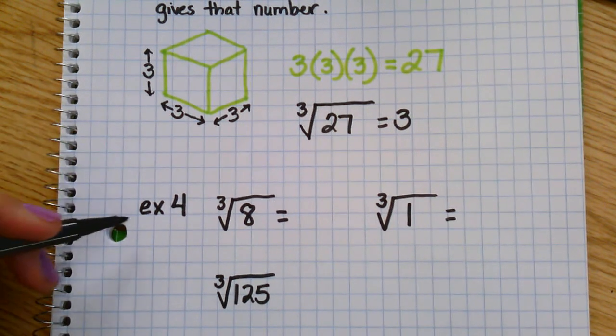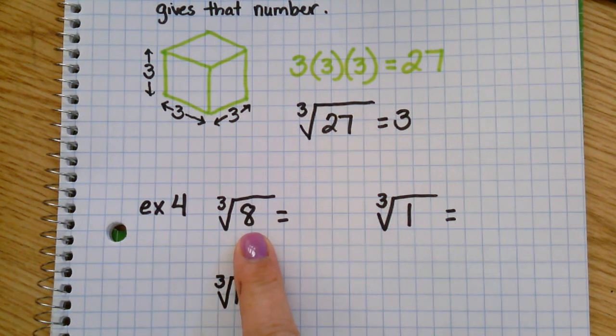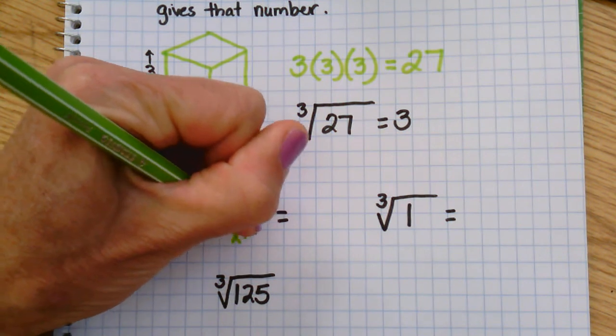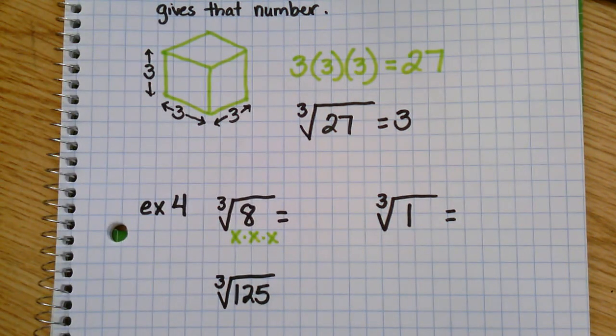Okay, so we have example 4 that's asking us to find the cube root of 3 different numbers. First we have, what is the cube root of 8? What number multiplied times itself 3 times? So a number gets multiplied by itself 3 times and the answer is 8.